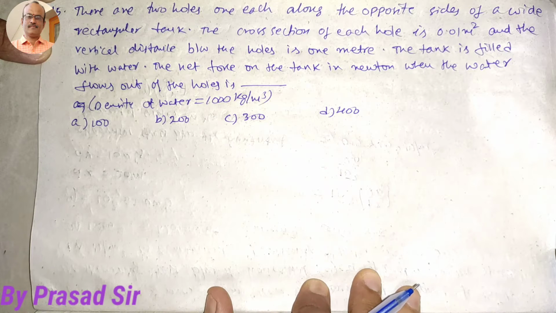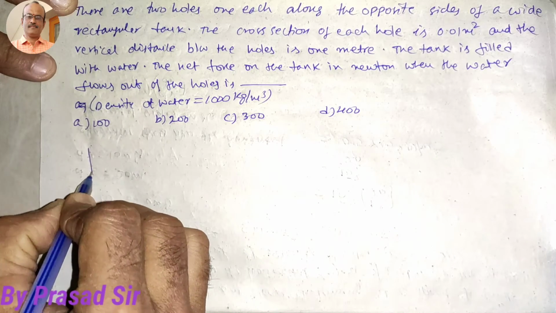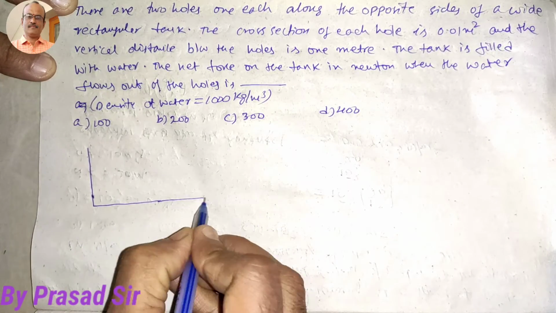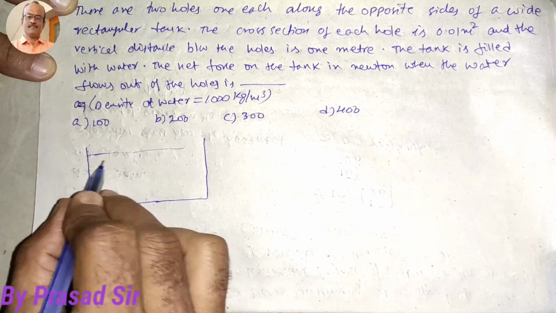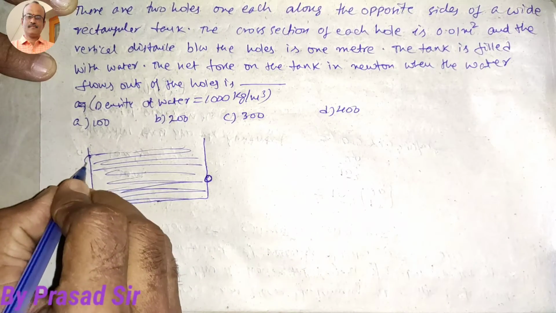Now question number 15. There are two holes, one on each of the opposite sides of a wide rectangular tank. The cross section of each hole is 0.01 meter square and the vertical distance between the holes is 1 meter. The tank is filled with water. What is the net force on the tank, in Newton, when the water flows out of these holes? Density of water is given as 1000 kilogram per meter cube. First of all, this is the vertical rectangular tank, filled with water, with one hole here and one hole here.